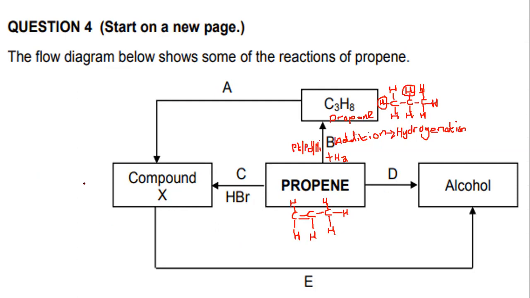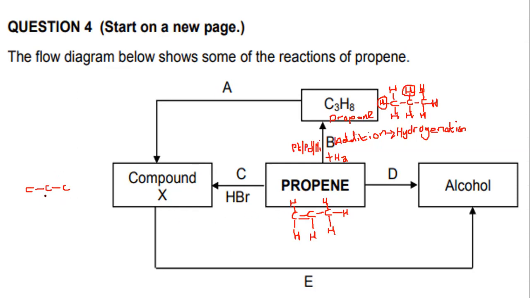So when the double bond breaks, I will still have 3 carbons of propene, which is 1, 2, 3. And then I have broken the double bond on carbon 1 and 2, which is basically on the lowest numbered carbon, which is carbon 1.